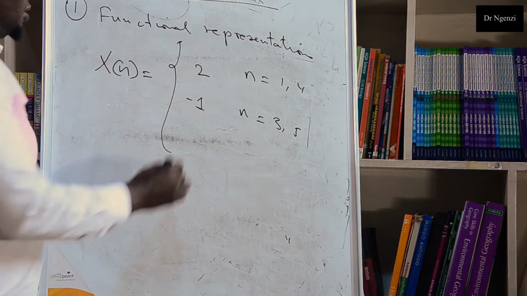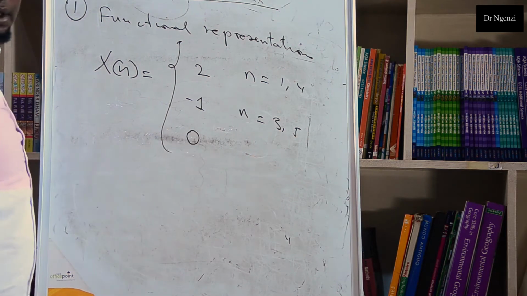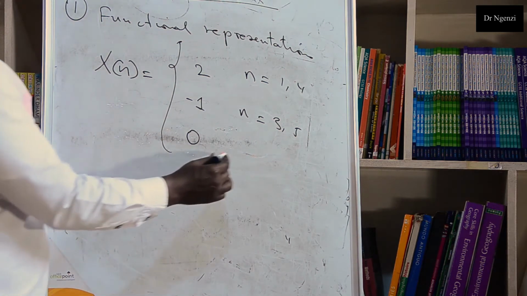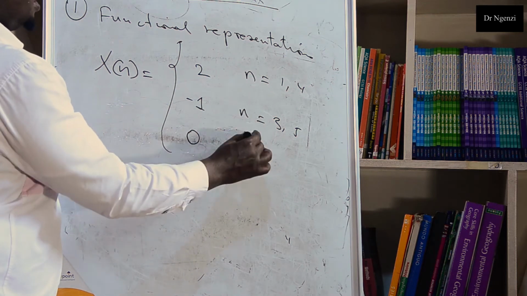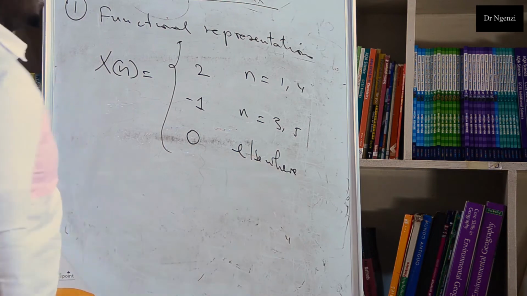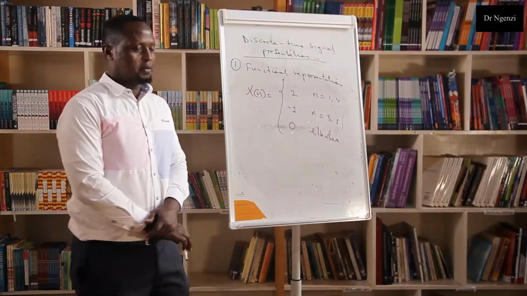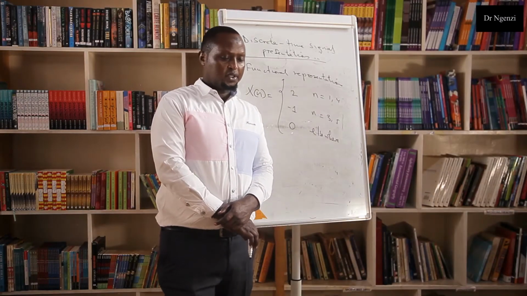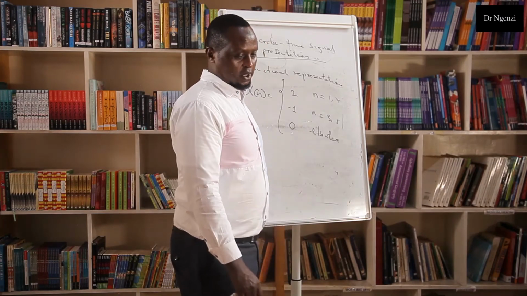The function is 0 elsewhere. So without specifying a value, elsewhere your function is going to be 0.